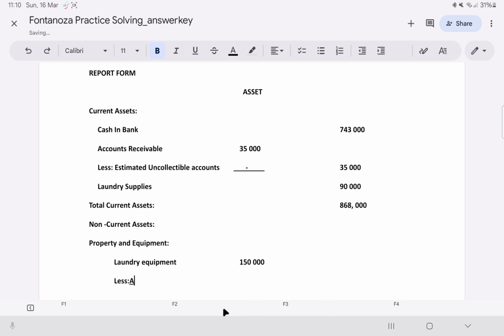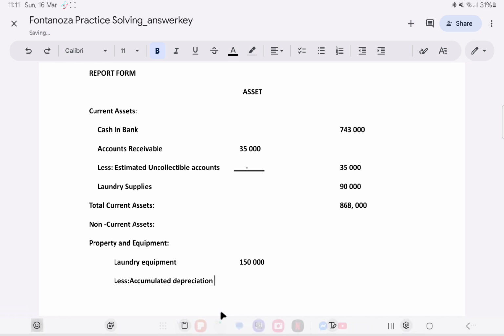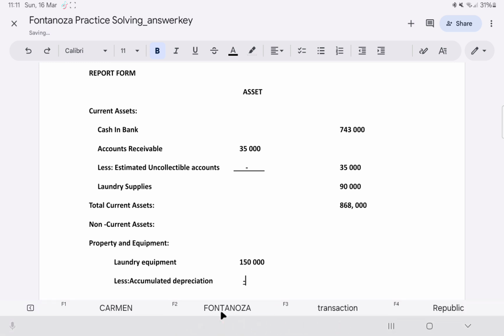Less accumulated depreciation. Since the laundry machine is diminishing or depreciating in value, we need to put up accumulated depreciation, but there is no data yet because there's no additional information included in the transaction, so we will just put a dash.